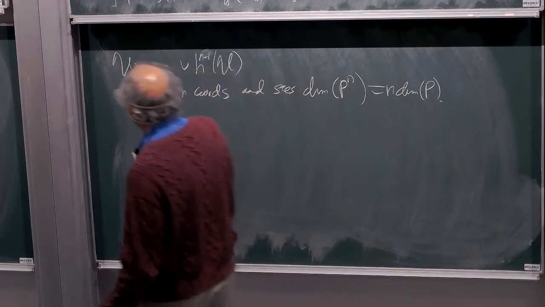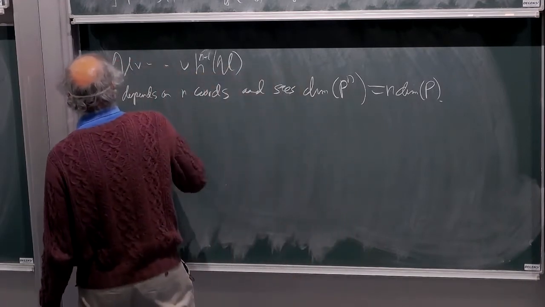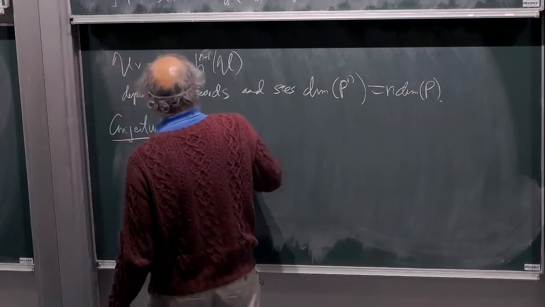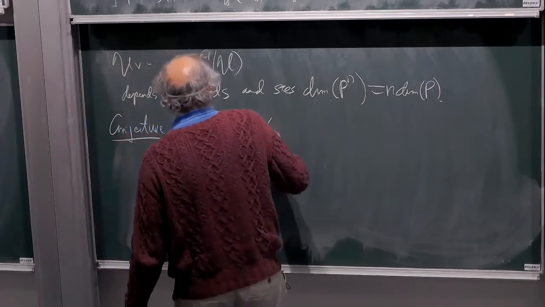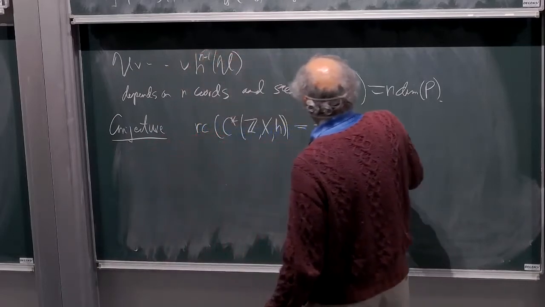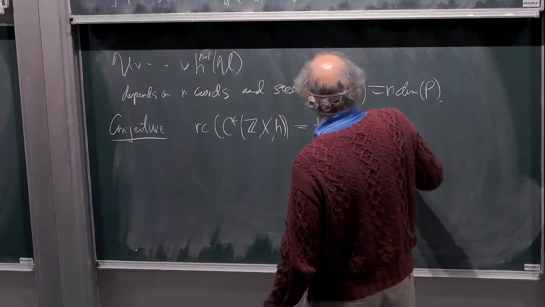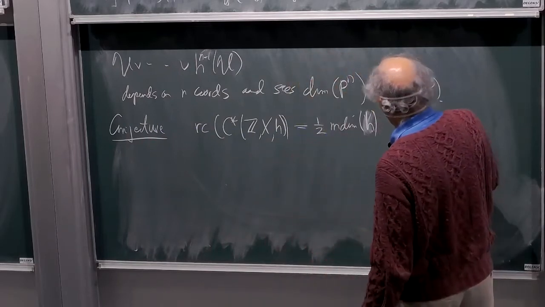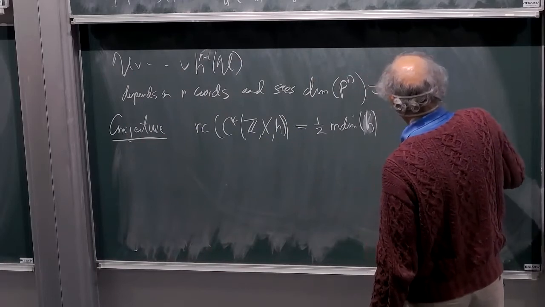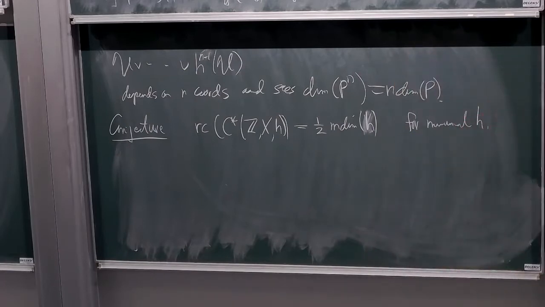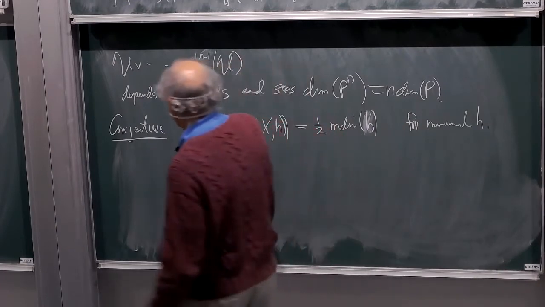But the conjecture is that the radius of comparison of C star of Z, X, H is half of the mean dimension of H, for minimal H. And there's a generalization to countable minimal groups.